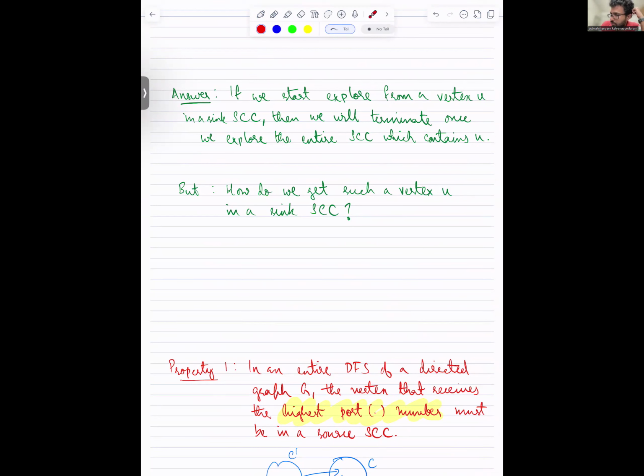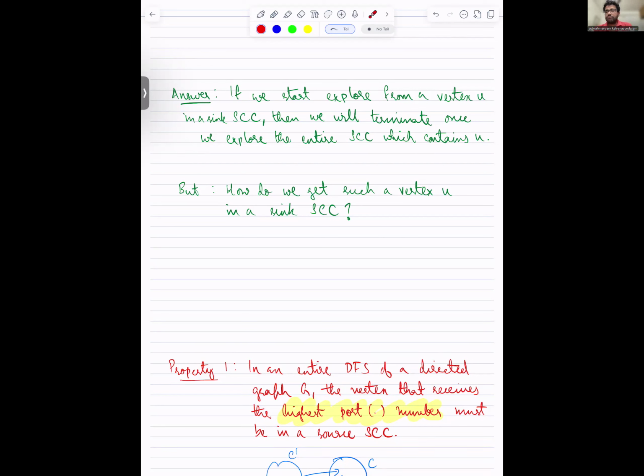So now we have two things. One is an idea of how to recover a single strongly connected component by starting exploration from a vertex there. Plus, we have a way to identify a vertex in a source strongly connected component, which is to do DFS and find the vertex with the highest post number. Okay.